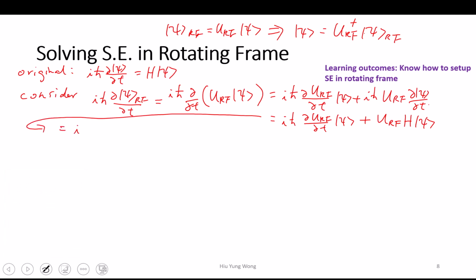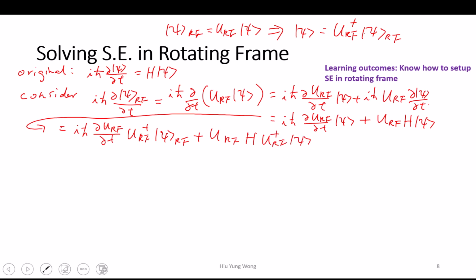Equals i h bar partial U RF partial t, but I will put U RF dagger psi RF, and then plus U RF H. I want to go back to the rotating frame again, so I again put this one.